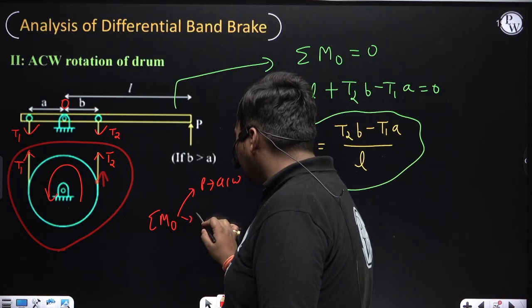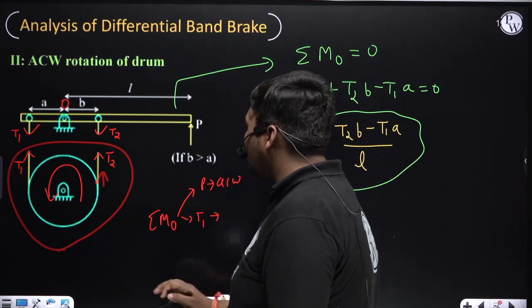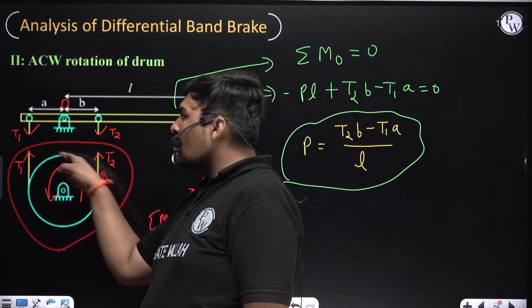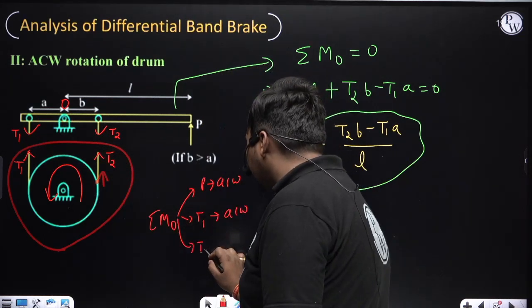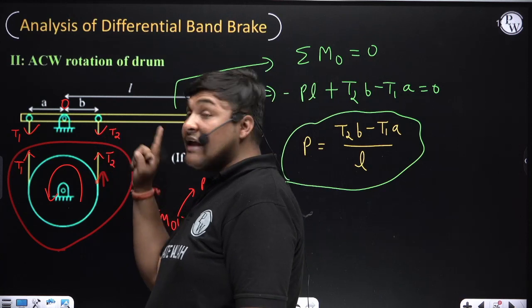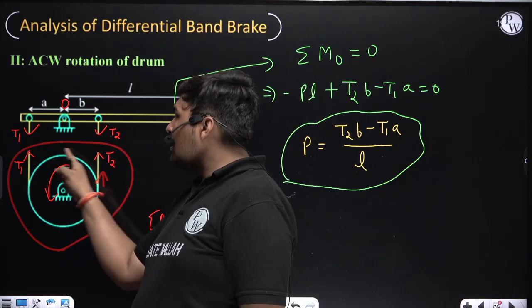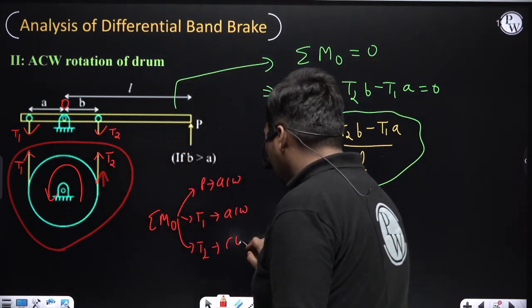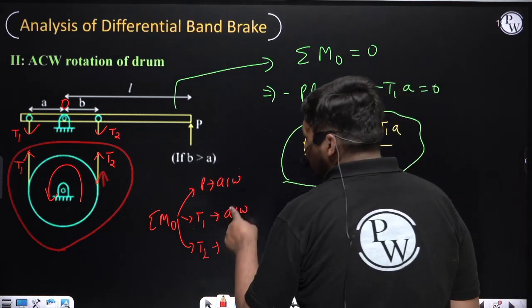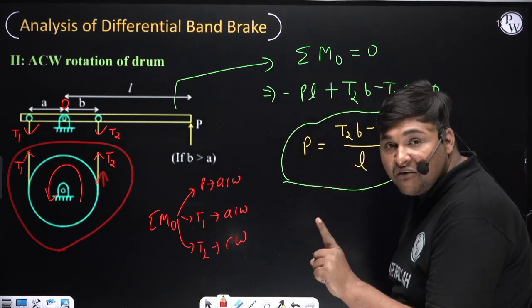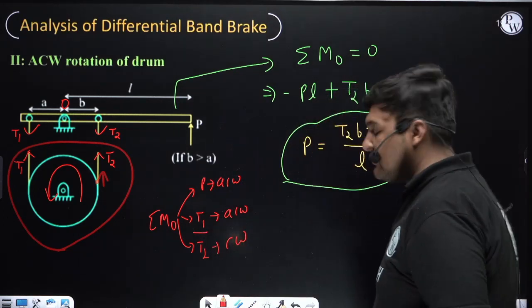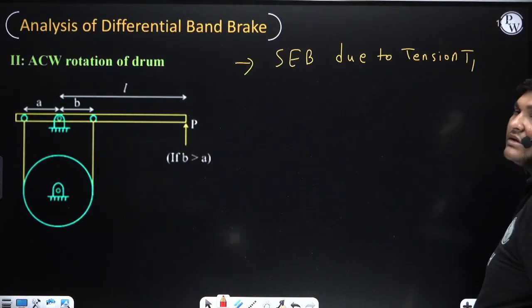Now see the direction of moment of tension T1 about O. Its moment about O is also anti-clockwise. Now see the direction of moment of tension T2 about O, in the FBD of the lever. The direction of moment of tension T2 about O is clockwise. So from this you can see the direction of moment of tension T1 and P is the same, means this brake is self-energizing due to tension T1. Same conclusion, due to tension T1.